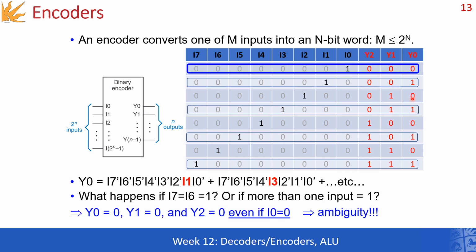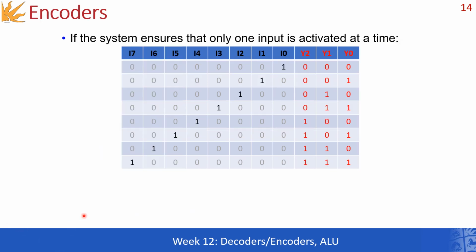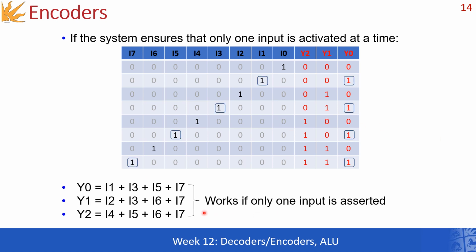Yes, it's a state of ambiguity in this case. Therefore, we need to assume that the system ensures that only one input is activated at a time. And each corresponding output can be written as a sum of products correspondingly. And this works if and only if only one of the inputs is asserted at a time.